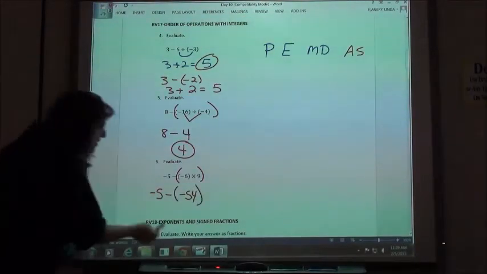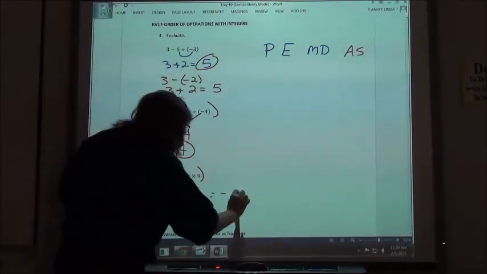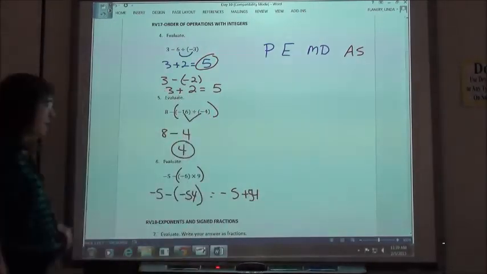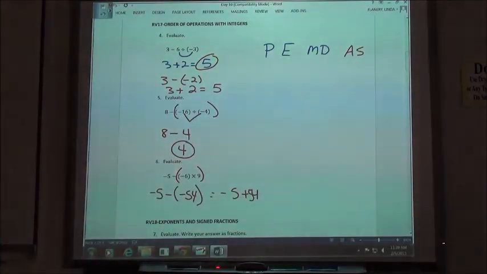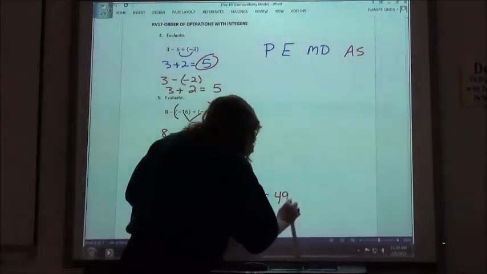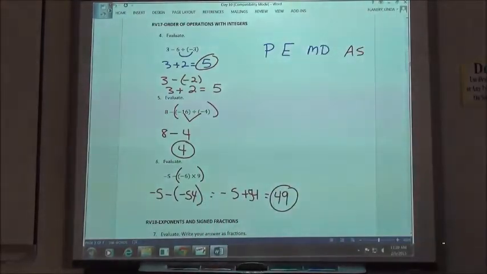They're going to put parentheses to separate the minus and negative. If I subtract a negative, I end up adding: negative 5 plus 54 is a 49.